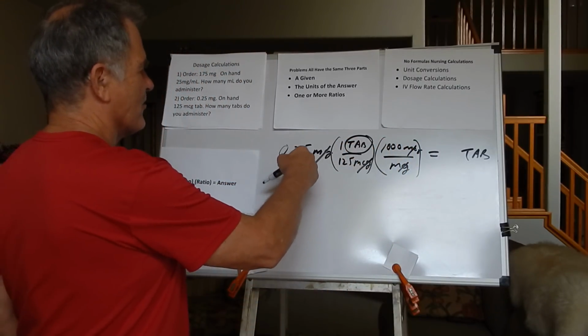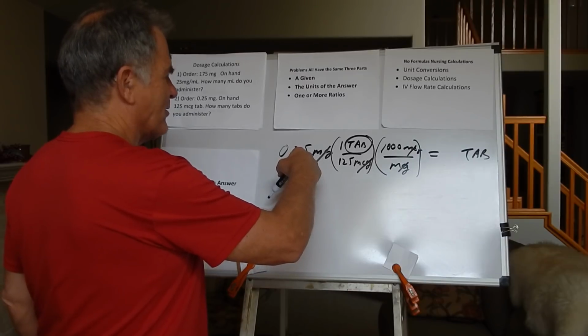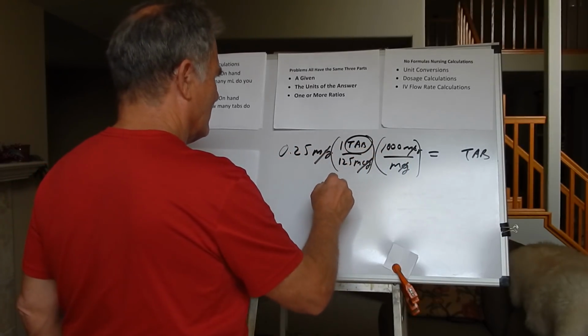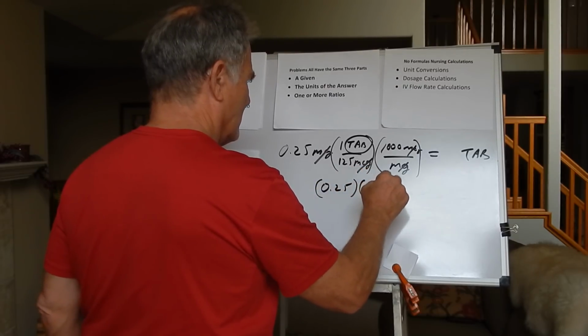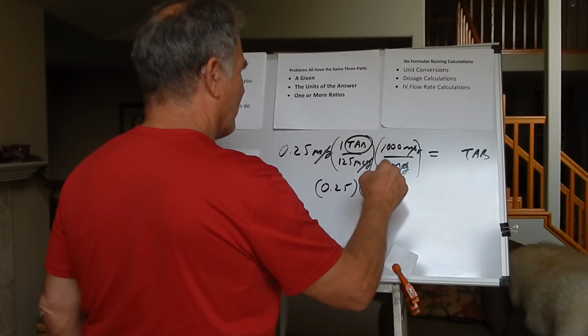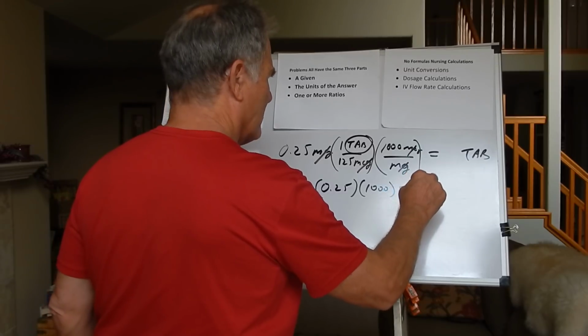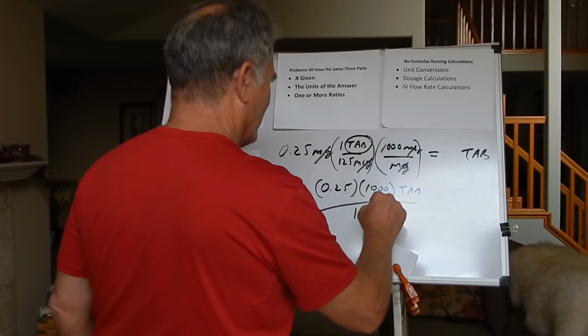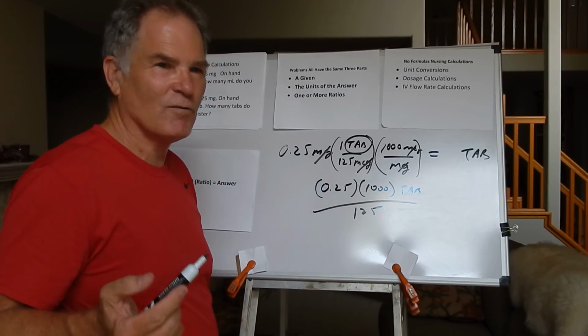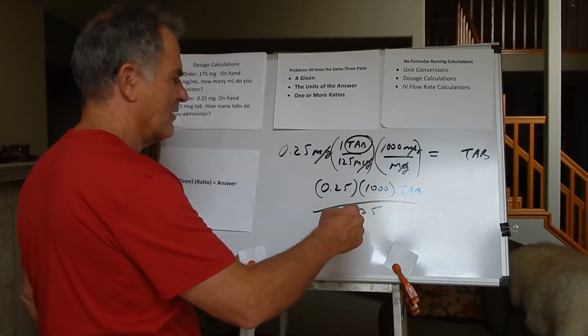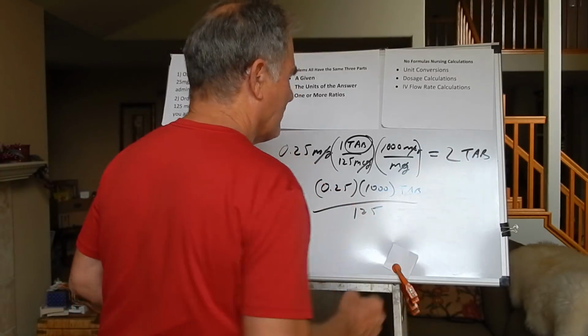So the arithmetic is 0.25 times 1,000 and you have the units of tab divided by 125. So 0.25 times 1,000 is 250, of course, and then divide by 125. So it's going to give you 2 tabs.